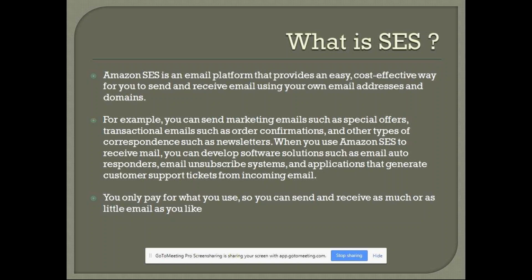We can configure SES for that. And if the emails are successfully delivered, you will also receive a notification saying that the email has been successfully delivered to the recipient's mail server and read by the concerned person.